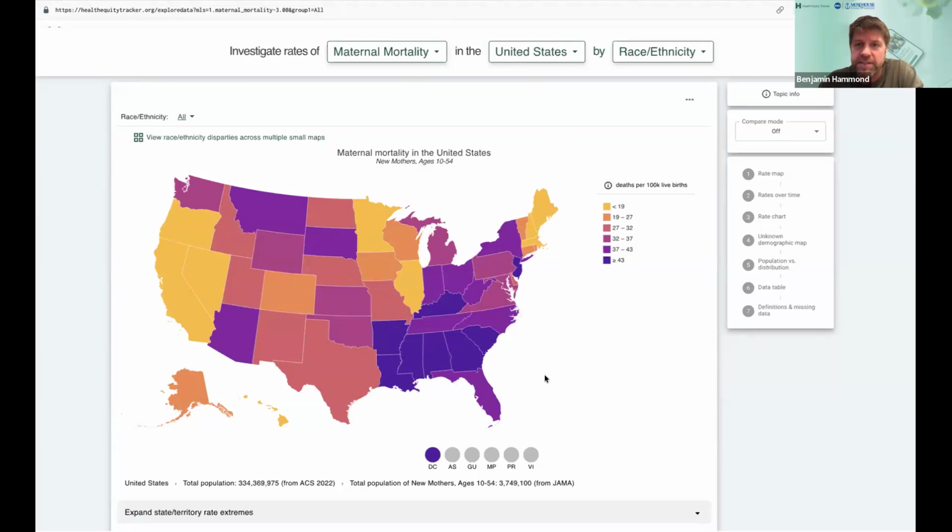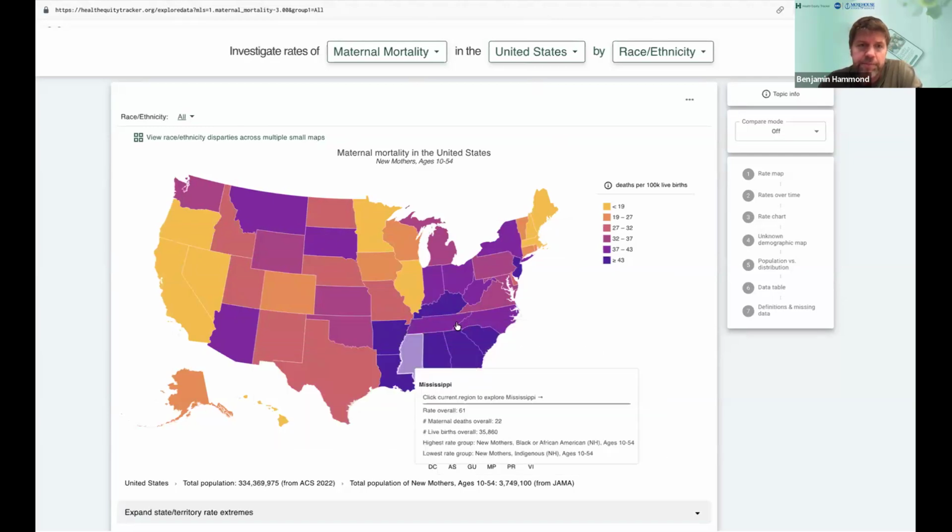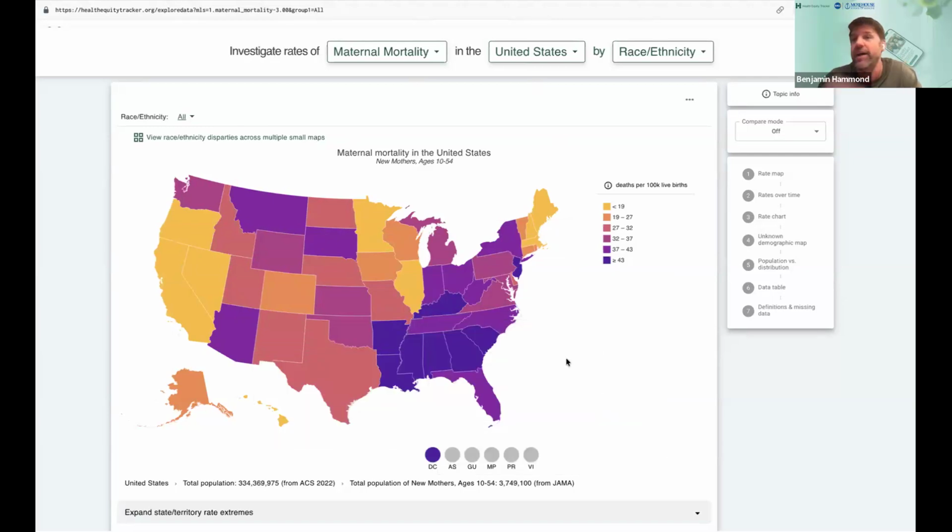You can see right away the states that are facing disproportionate maternal mortality, and that's in the South. Unfortunately, this pattern is present in almost all of our topics, where the states in the Deep South face glaring disparity.